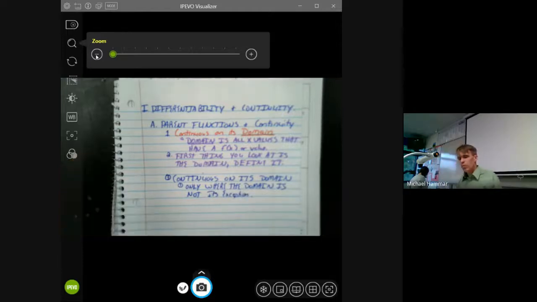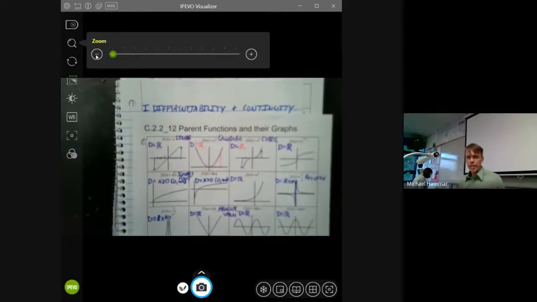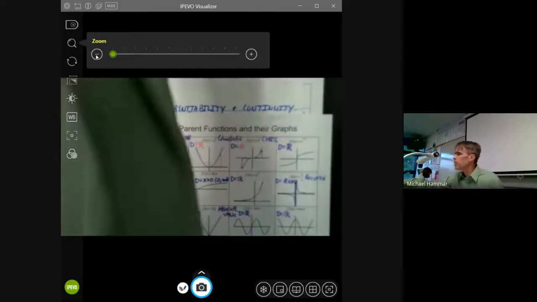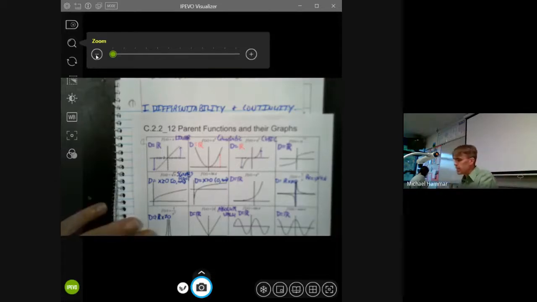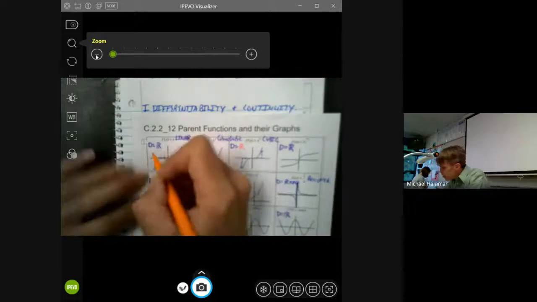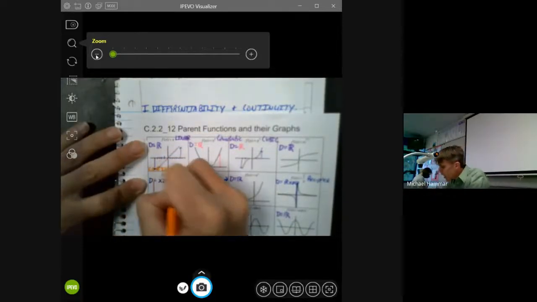So let's go back to our linear function and talk about the linear function itself. Is that one continuous on its domain? Well, its domain is all reals. So looking at all reals, is there any spot where you would say it's not continuous? So this function is continuous on its domain.